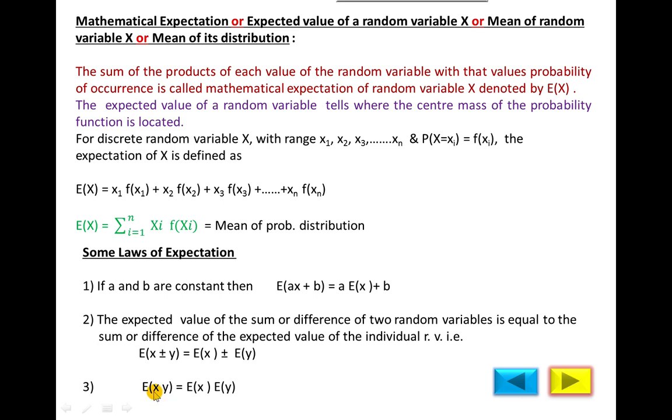Same as for the product: if you multiply both variables and then calculate the mean value, or if you calculate the separate mean values of both variables and then multiply, the result will be the same. But this is not included in your syllabus. In frequency distribution and probability distribution, two variables are also called a bivariate distribution. So bivariate distribution is not included for mean, median, mode, standard deviation and probability. So the second and third laws are not included in your syllabus.